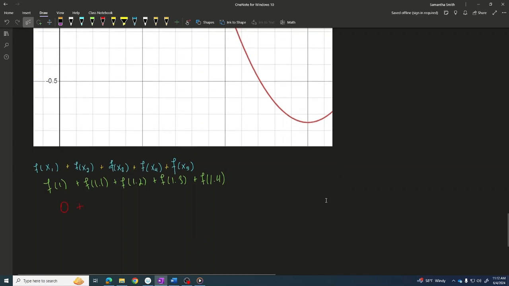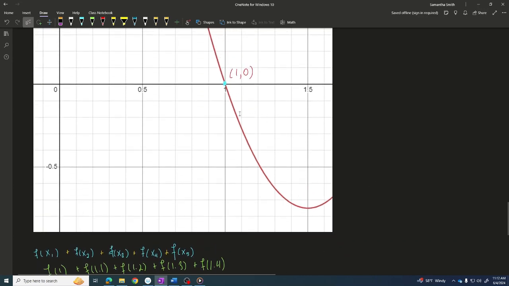Let's do the same thing for x equals 1.1, which horizontally is located right around here. If I navigate to the point on the graph that lives in this horizontal location, that would be right around here or so, and that point has a height of, let's see, this would be negative 0.1, this would be negative 0.2, down here is negative 0.3.